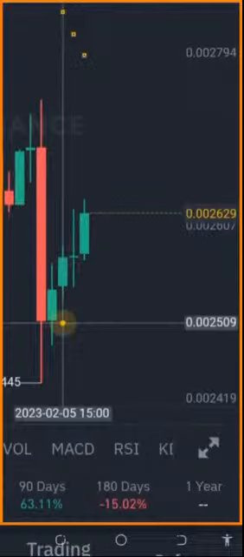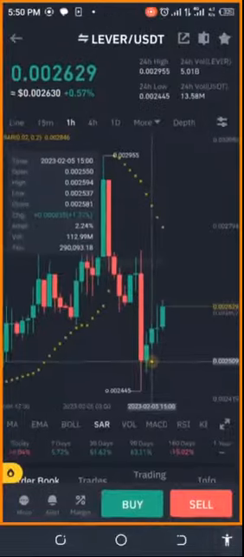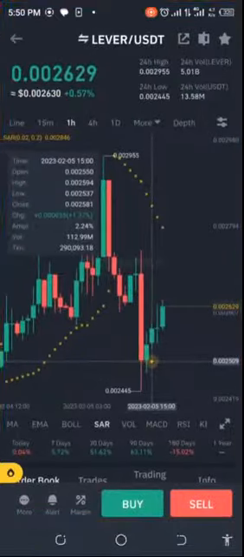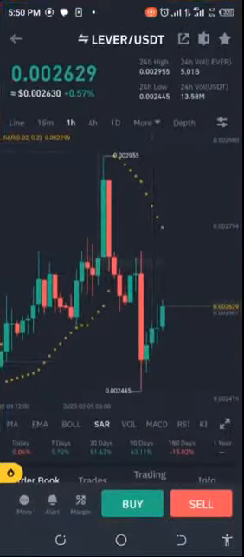It got to 2509. So if I had put 2570, 2550, thereabout, I would have gotten it at a better price, and then I can place my sell limit at something much more considerable. I hope you'll be able to learn something from here.